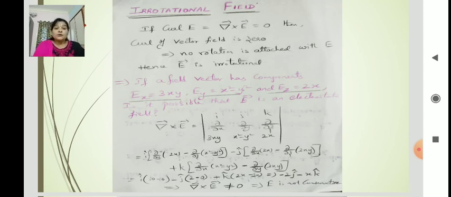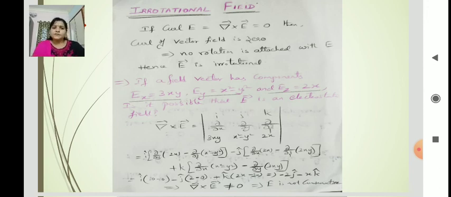So the curl of that vector, curl E, we have to find by means of this method: determinant of i, j, k, dou by dou x. Del is i dou by dou x plus j dou by dou y plus k dou by dou z, the operator del. So if you find the value of del cross E, the x component can be written under i, the y component under j, and the z component under k respectively.